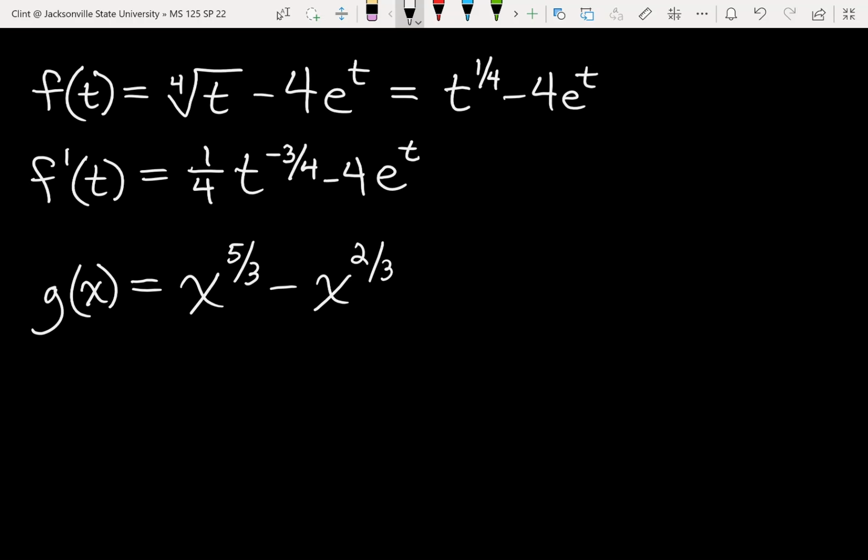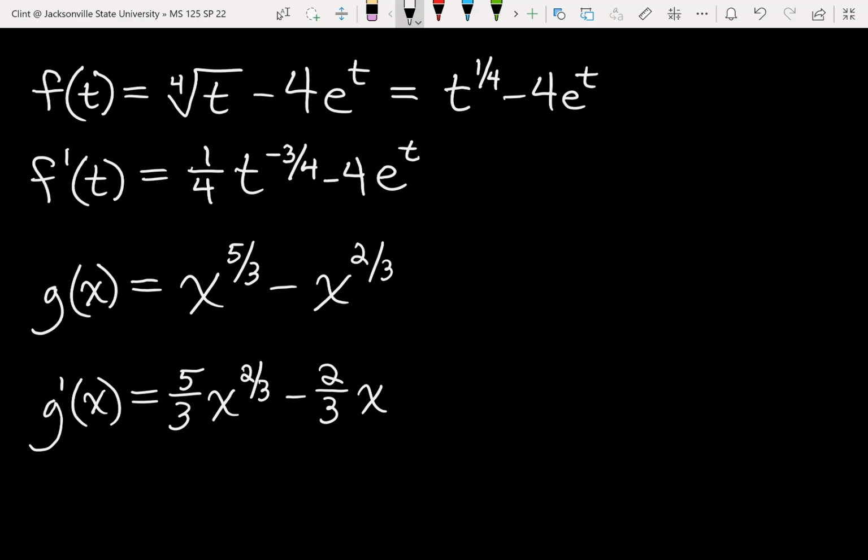So we take the derivative and multiply by the exponent, so that's 5/3 x. Subtract 1 from the exponent, so what are we going to get on that one? 2/3. And then multiply the next one by 2/3. Subtract 1 from the exponent, what do we get? Negative 1/3.